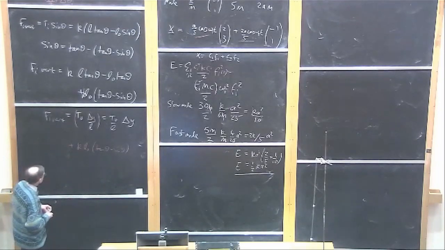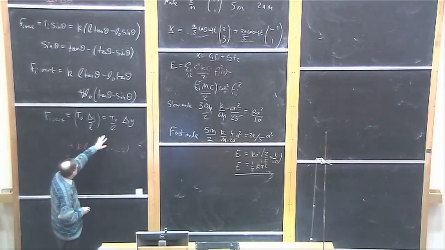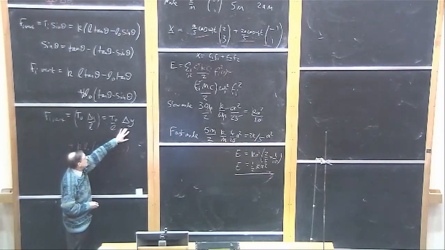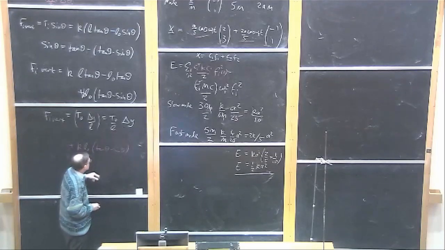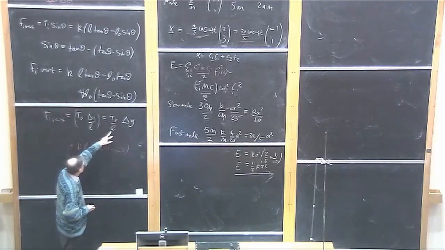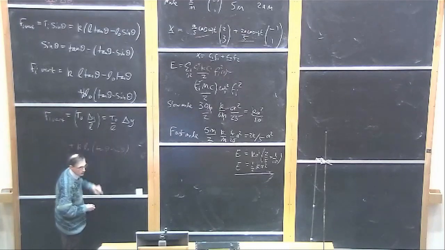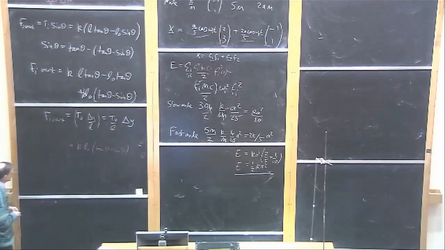And that's got to be compared with this. So it's smaller by a factor of something like y squared over L squared and a factor of L naught over L. So it's quite a lot smaller, and we're going to neglect it.